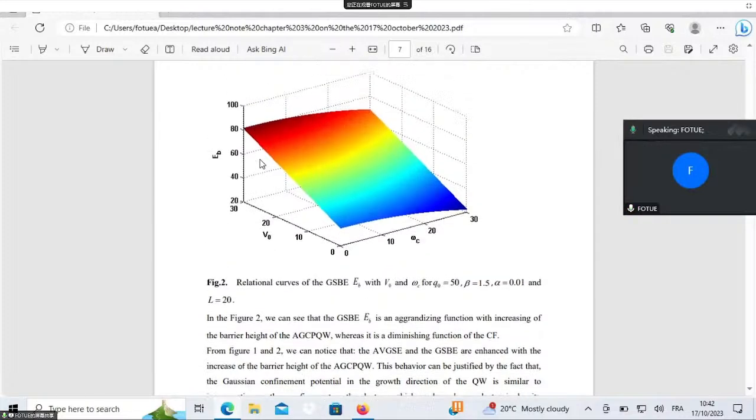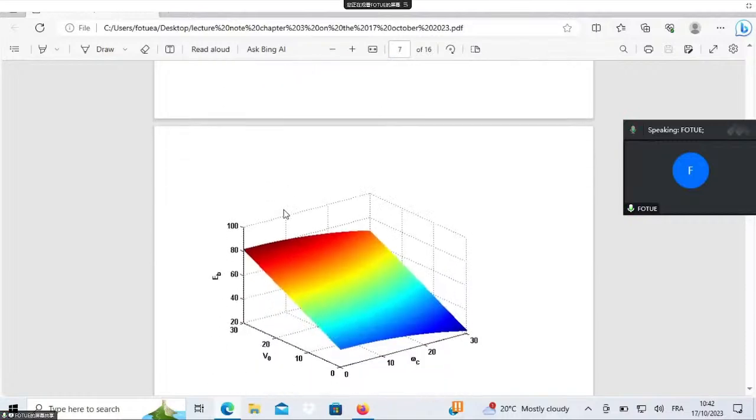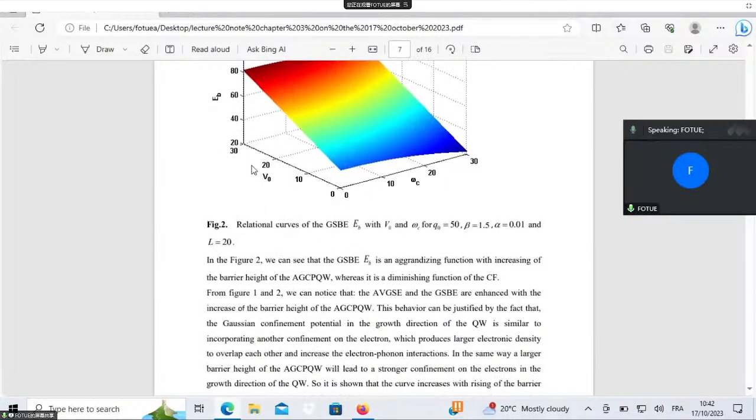We may see it from here, that the ground state energy is increased with the increase of the potential, and we can also see it for this binding energy. And we can see that this effect is observed for the ground state energy and for the binding energy.